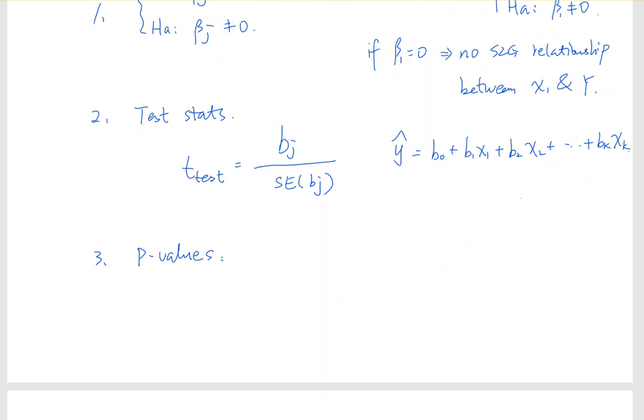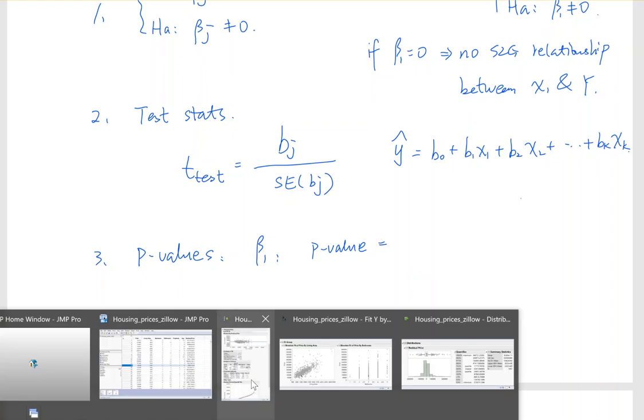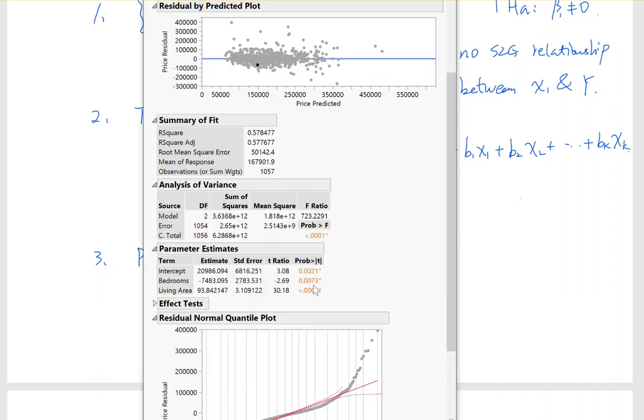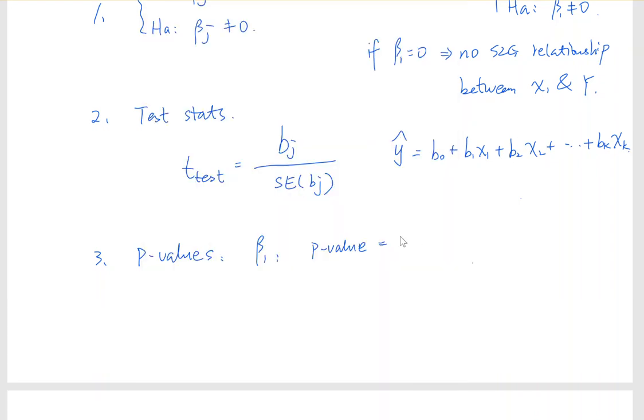So for our case, if you are testing beta 1, then your p-value is, let's check again, 0.0073, right?